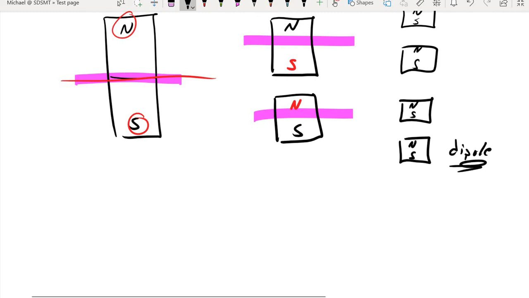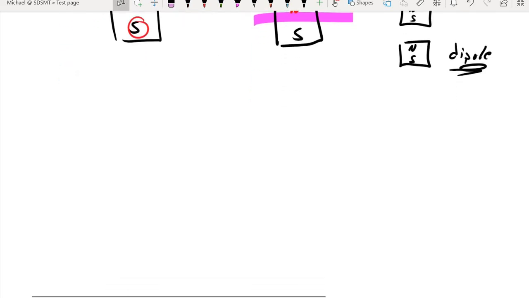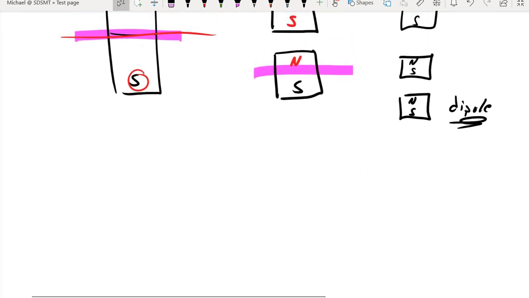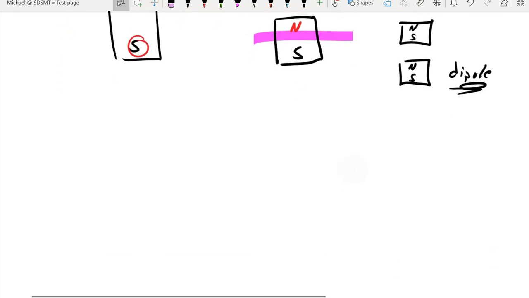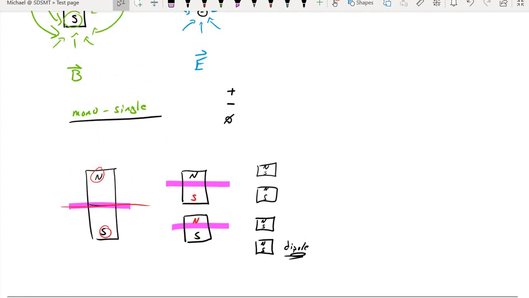Well, you can keep doing that until you get down to a single atom. And we're gonna talk about how a single atom can act as a magnet. But regardless of the size of the magnet, we are always going to have a north and a south end associated with that magnet.